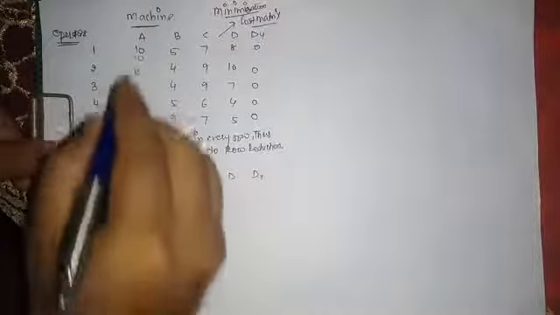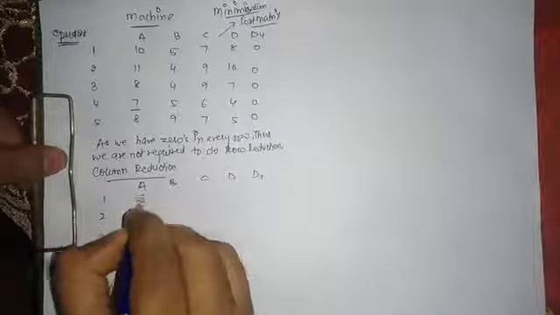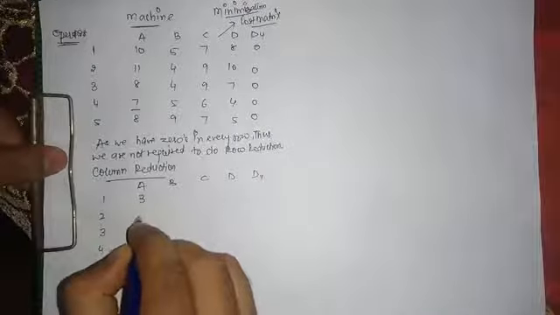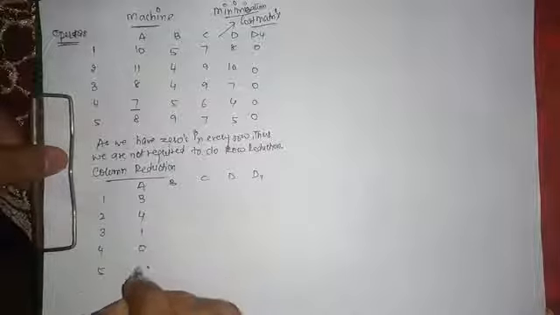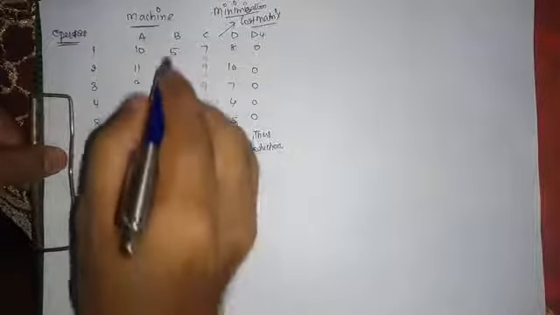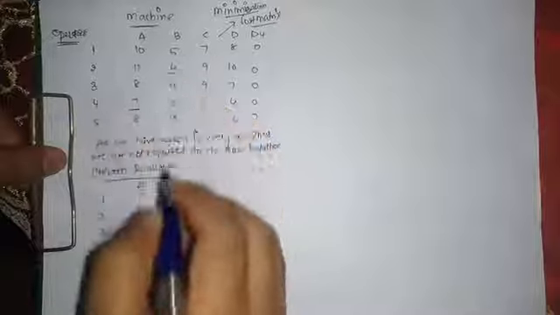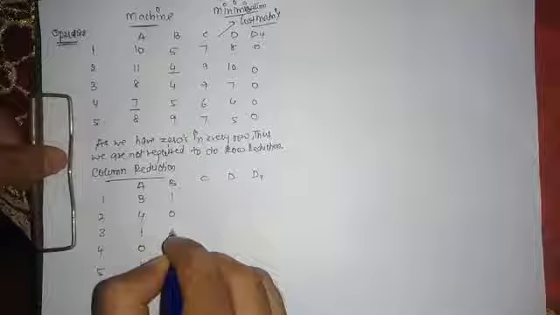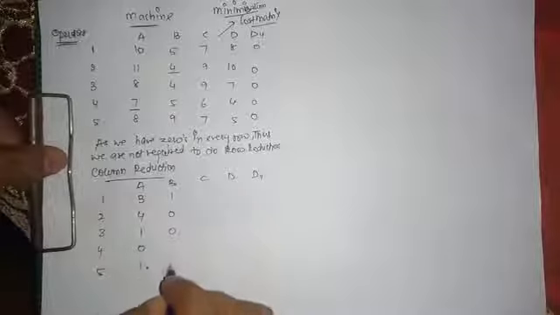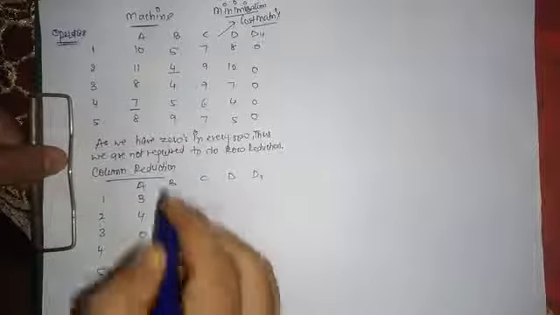Okay, so 10 minus 7, 3; 11 minus 7, 4; 8 minus 7, 1; 7 minus 7, 0; 8 minus 7, 1. Thereafter the smallest element is 4. 5 minus 4, 1; 4 minus 4, 0; 4 minus 4, 0; 5 minus 4, 1; 9 minus 4, 5.